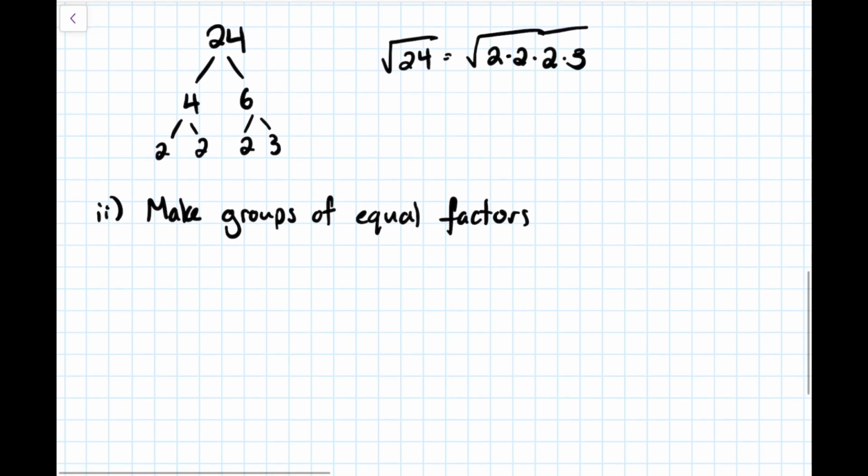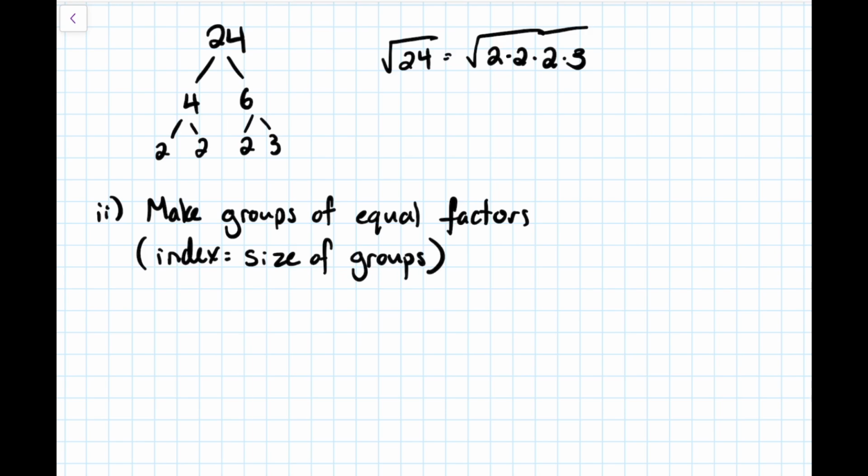The one thing to keep in mind, there's going to be a difference between, say, a square root and a cube root or a fifth root. Whatever your index is, it tells you how big your groups are. So in this case, since this is a square root, we're going to be making groups of 2. But if it was a cube root, we'd be making groups of 3.